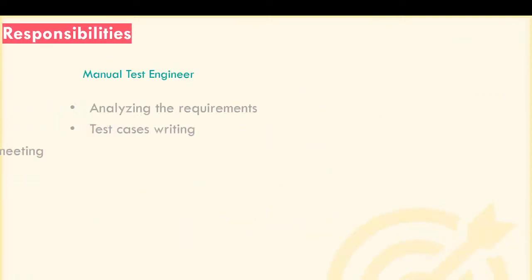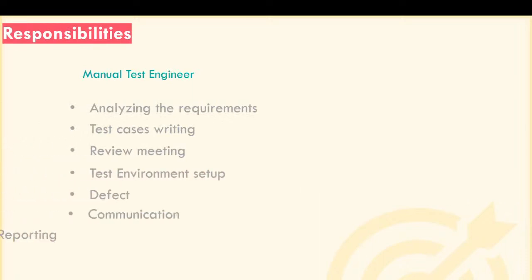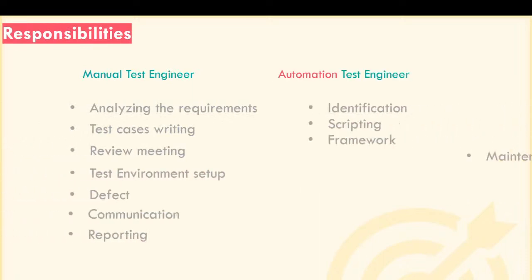Now if you talk about responsibilities, there are different responsibilities for manual testers and different responsibilities for automation test engineers. For manual testers: analyzing the requirements, test case writing, review meetings, test environment setup, defect communication, reporting. And for automation testing, identification.